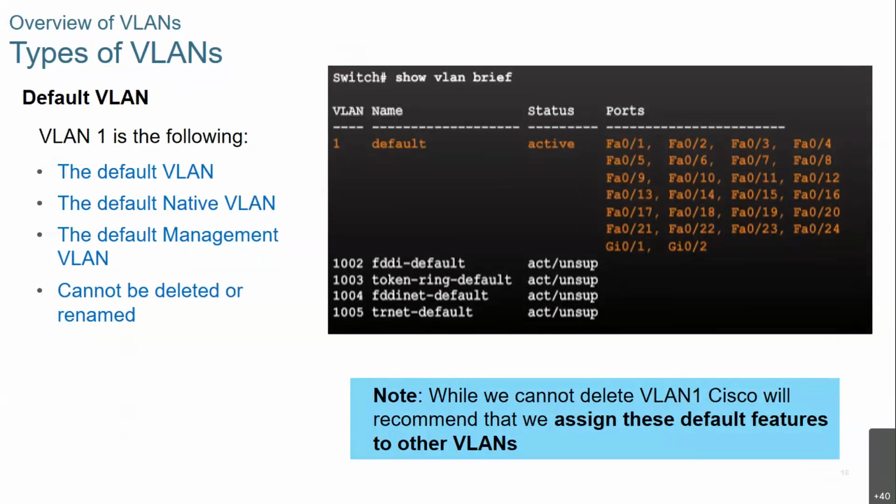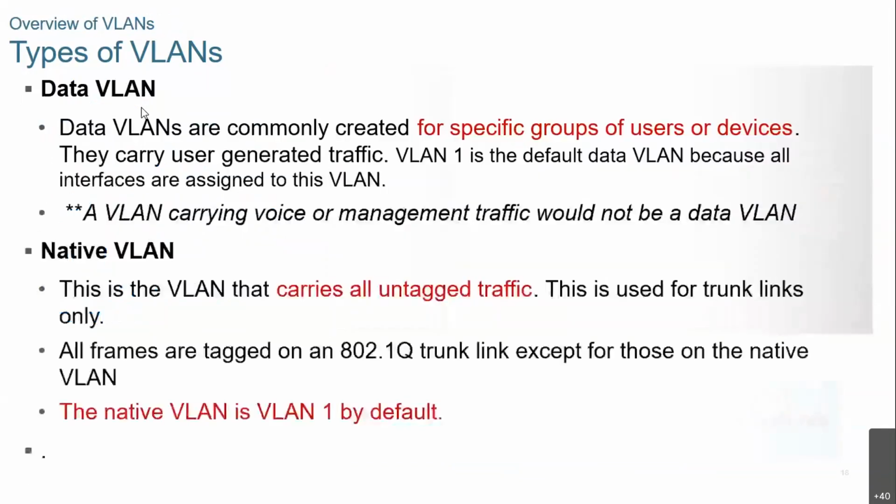You cannot delete VLAN 1, you cannot rename VLAN 1. It's there. You cannot suddenly say, oh, VLAN 1, the name is not nice, I'm going to give it VLAN 11. You cannot do that. It will still be VLAN 1. So while we cannot delete VLAN 1, Cisco will recommend that we assign these default features to other VLANs. So VLAN 80, VLAN 99, VLAN 1000, it can be changed.